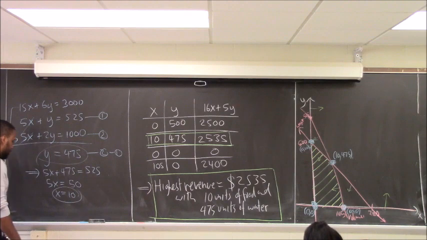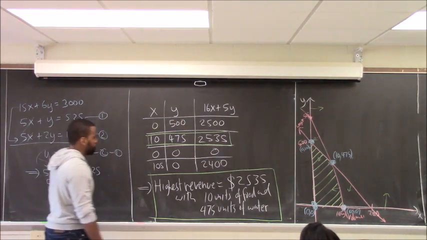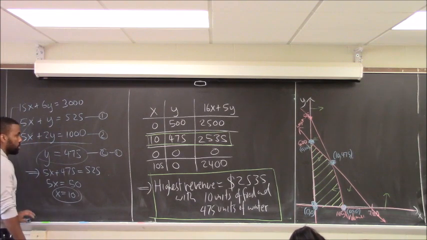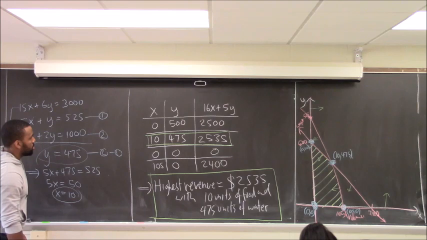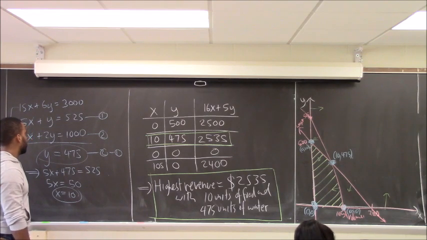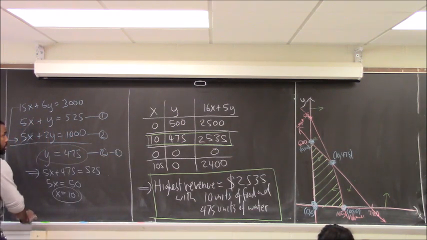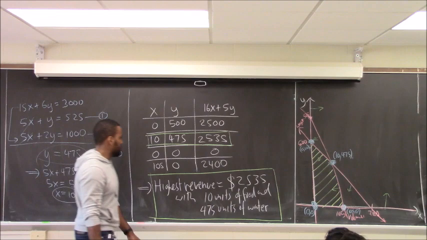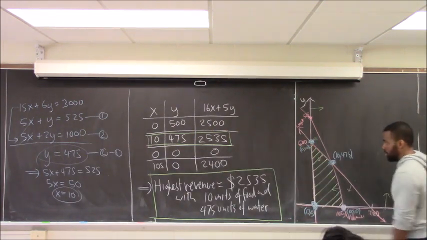So that's the best thing to do. And one thing you could notice here, I didn't check what the max capacity is. I don't know if the plane is even full at that point, but that's the answer. For maximum revenue, that's what we do.